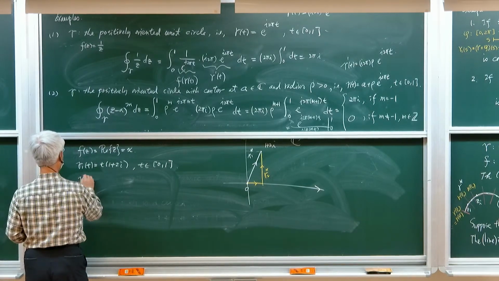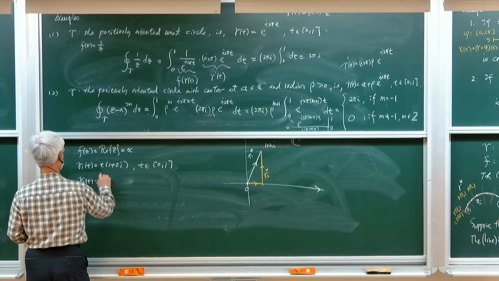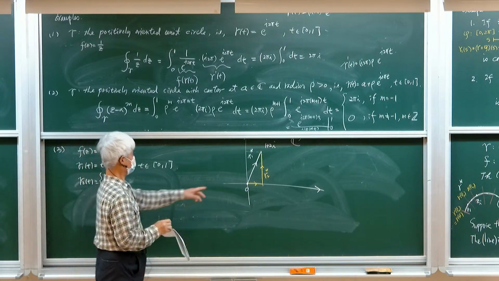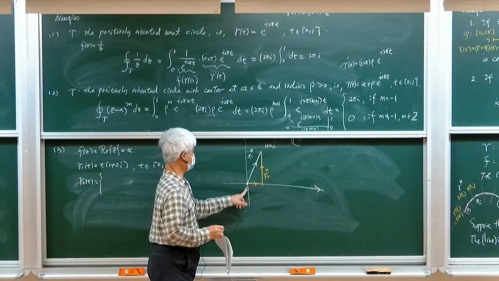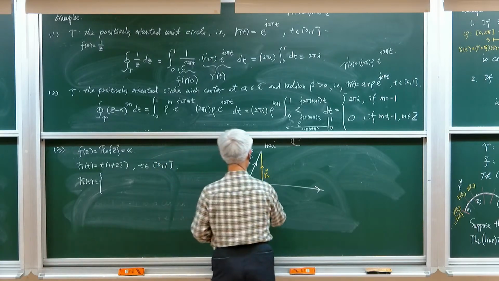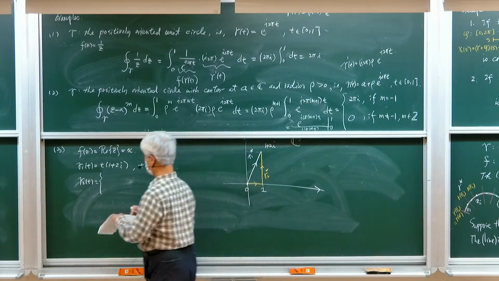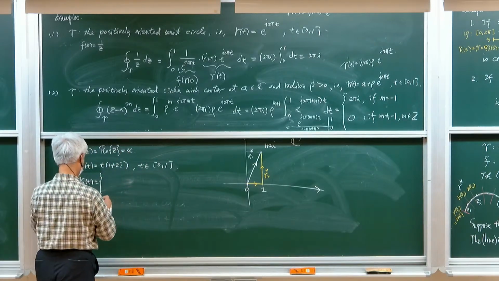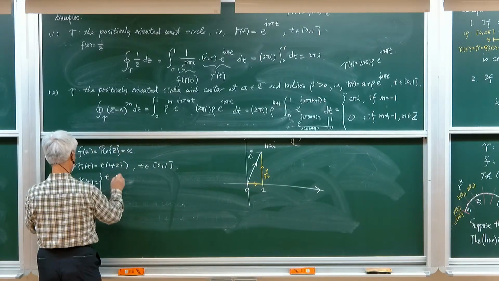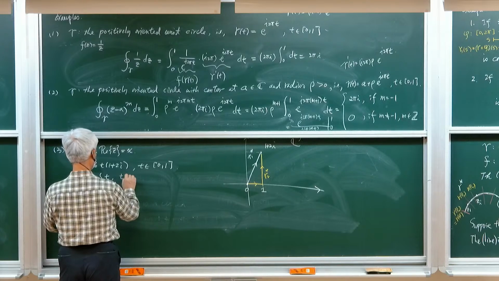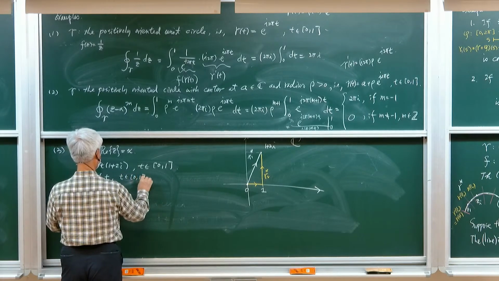And gamma 2 of t. First of all, it will go from 0 to 1, so this is 1, horizontally. So this is t, if t is in 0 and 1.